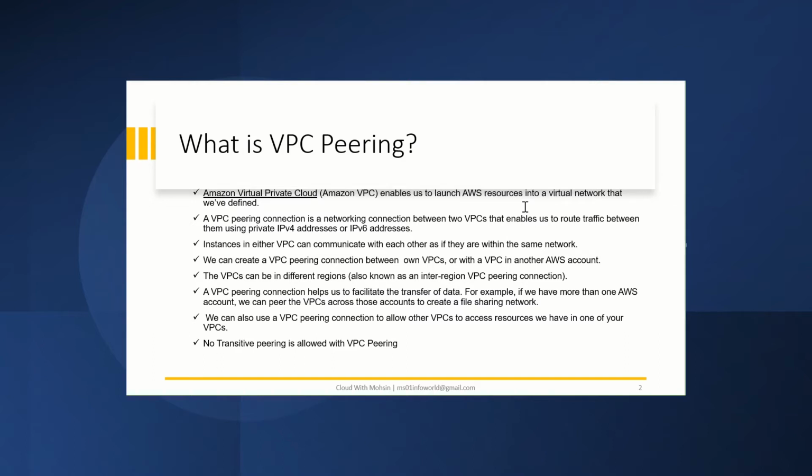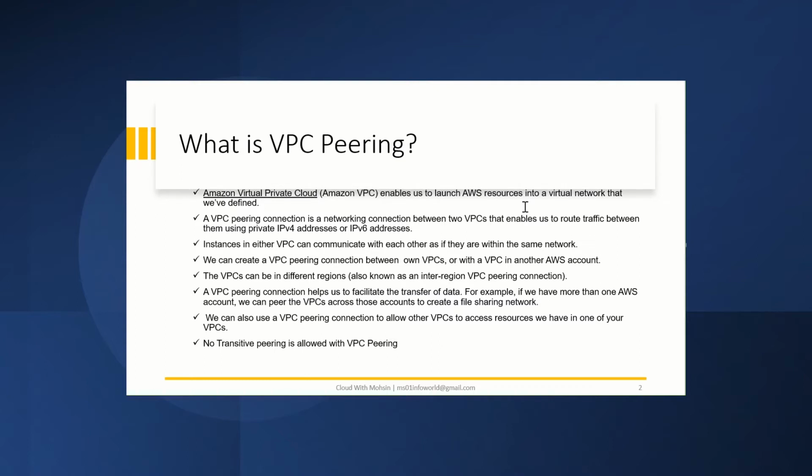Once we have created a VPC, what is a VPC peering connection? A VPC peering connection is a type of networking connection. Suppose you have two VPCs, or in simple terms, two different networks that we have created and customized, and we need to peer or connect both of these to each other.